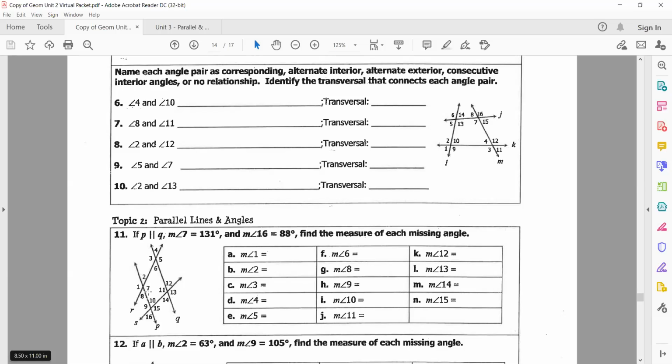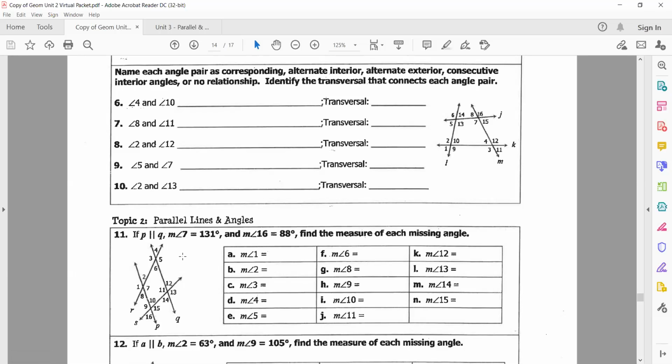If 1 and 7 are 131, then 2 and 8 are both 49 because they have to equal 180. This is another original definition from day one. Linear pair, 2 adjacent angles that equal 180 degrees.